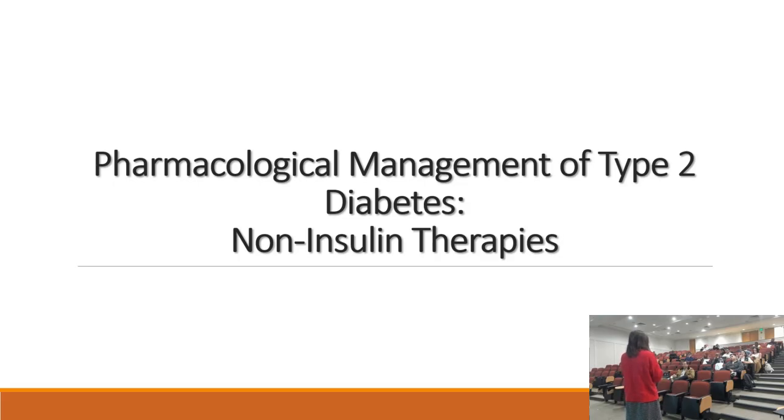Above what threshold? 126. Yeah, 126. There's a lot of numbers. So there was one slide that had a chart that compared all of the numbers for fasting glucose versus diagnosis versus the goals. And it's the same for type 1 and type 2. So definitely take a look at that.